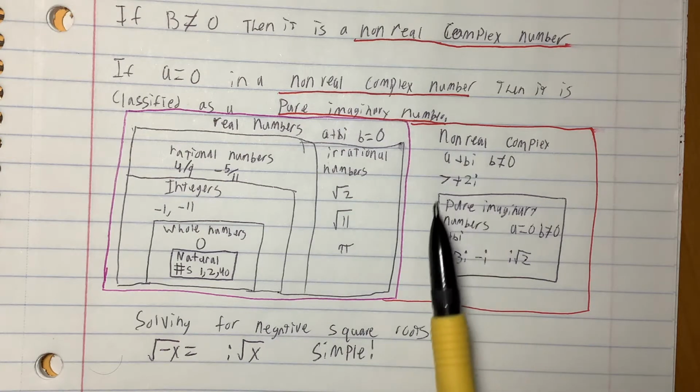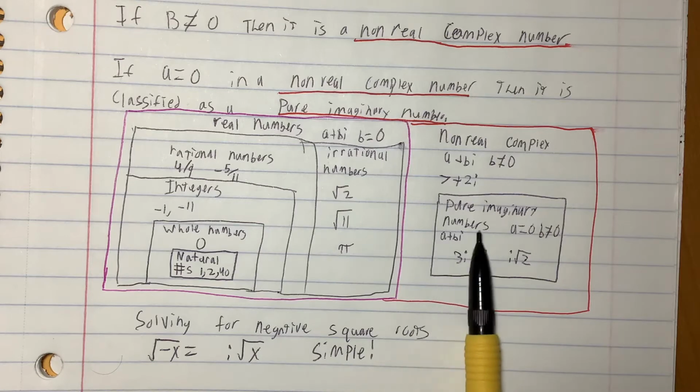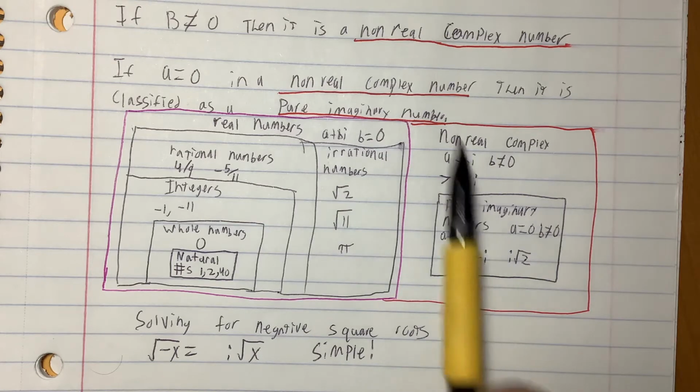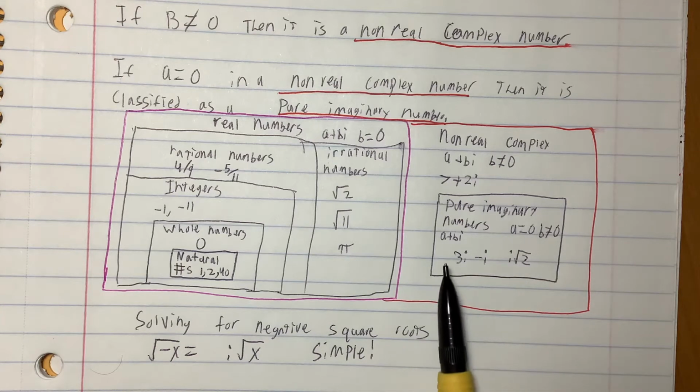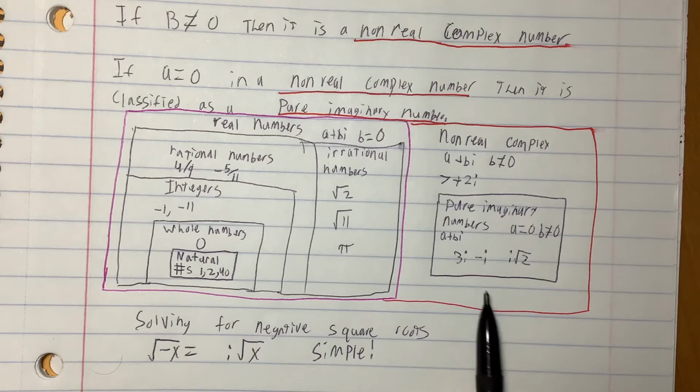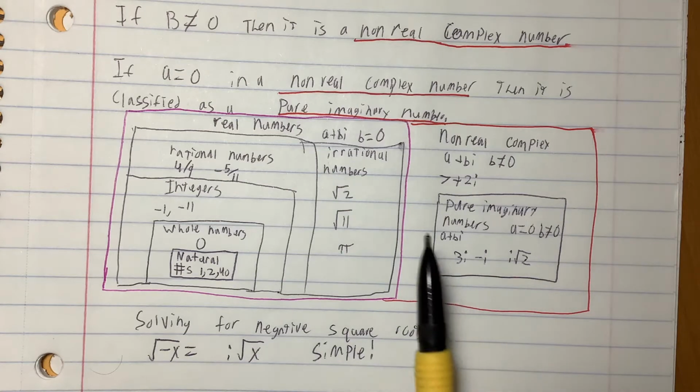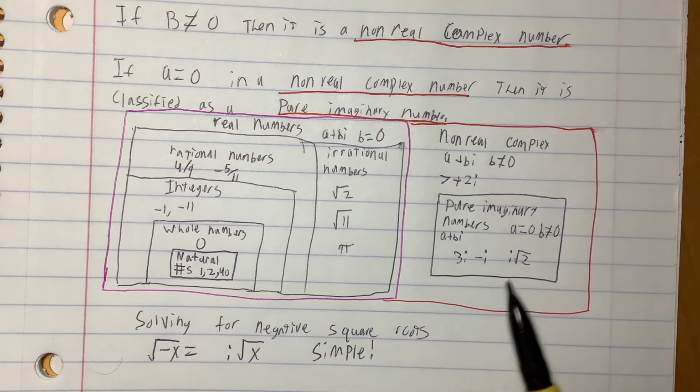And inside non-real complex numbers, we have pure imaginary numbers. Like we just talked about, b cannot equal 0, but a will be 0. So it'll just be the imaginary part. 3i, -i square root of 2, 100i, it'll just be completely imaginary.